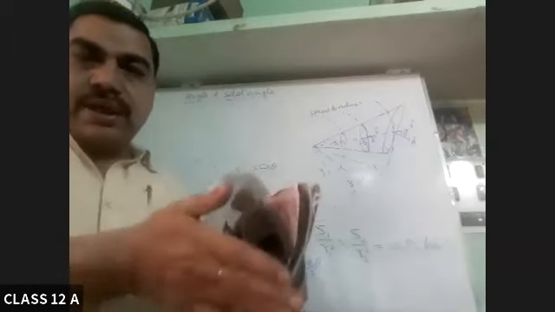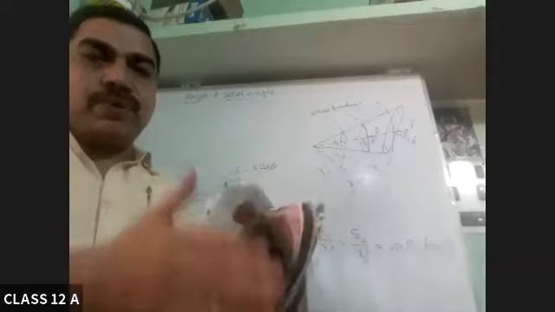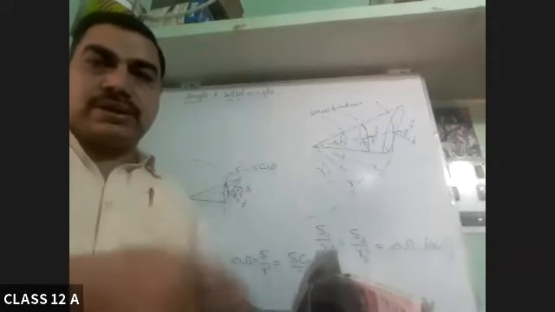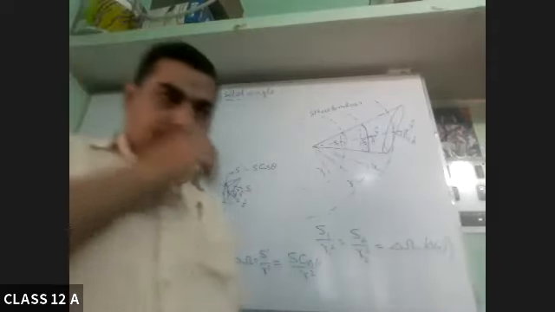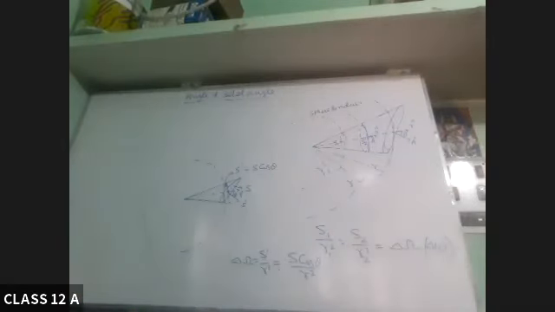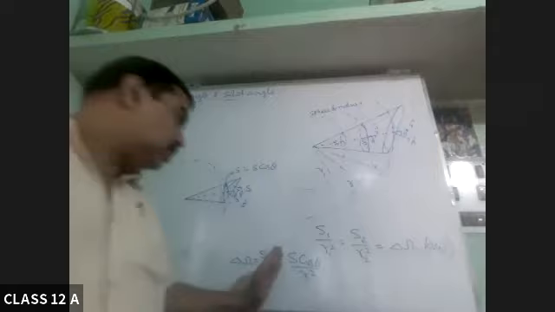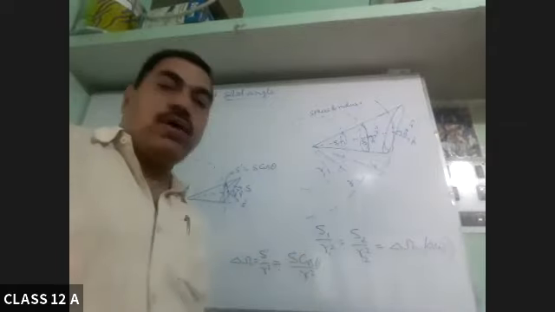So if this area is taken, then the component of this area, or projection of this area along this axis, we have to find. So the general formula for this will be S cos theta over R square.